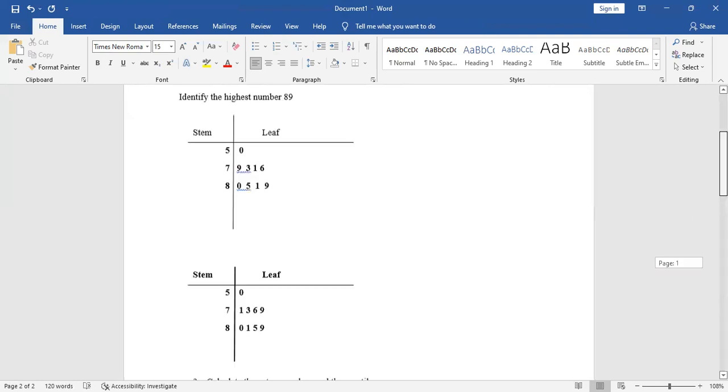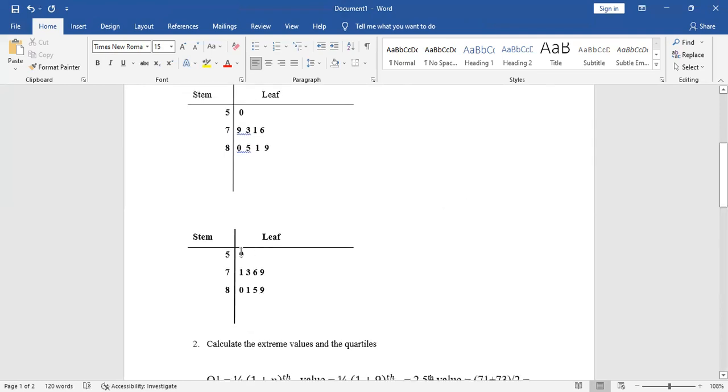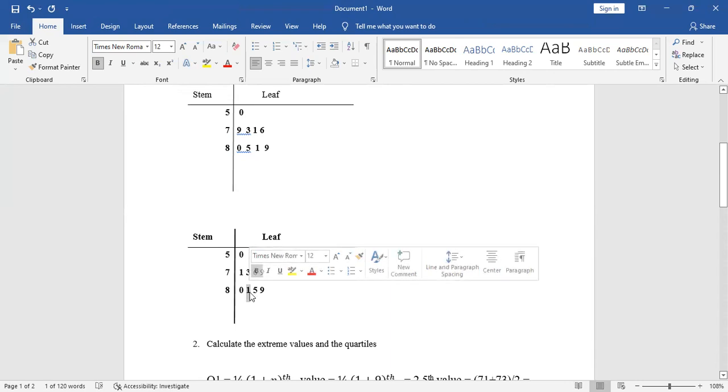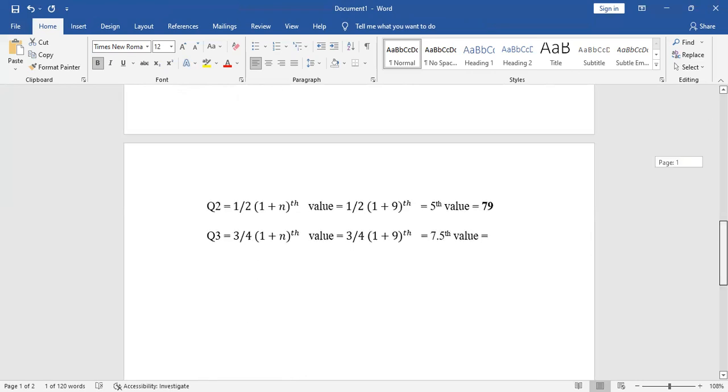So I need to find 7.5. I'll start there. This is 1, 2, 3, 4, 5, 6, 7. So the seventh value is actually 81. And if 7.5 is between the 7th and the 8th value, we'll pick 81 and 85.